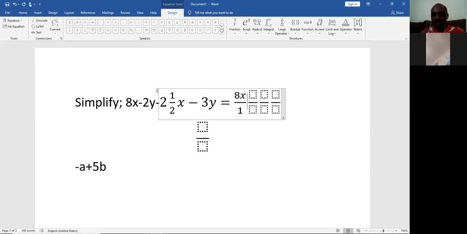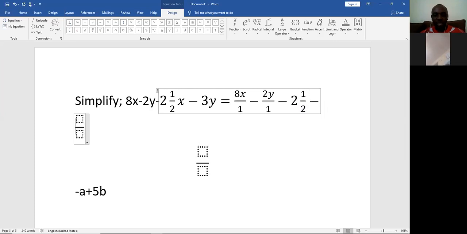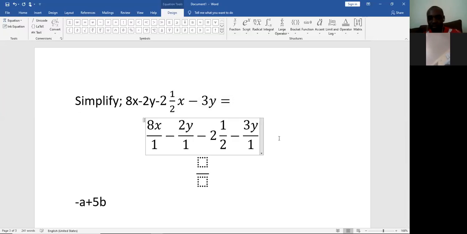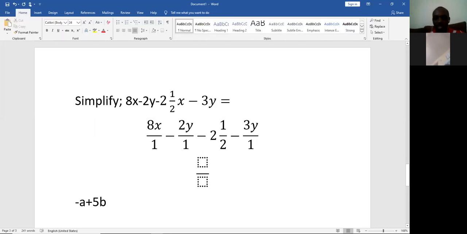Minus, if you see 2y written as a whole number, you can write 2y over 1 like that. Then here minus 2.5, and here minus, if you see 3y, you write 3y over 1. It makes your calculation easier. So we can have all of it here. Okay, then you say equals here.